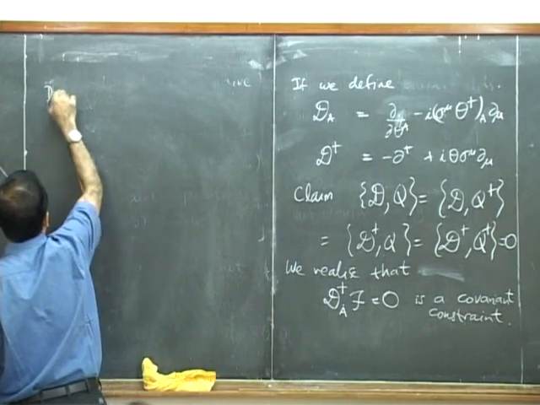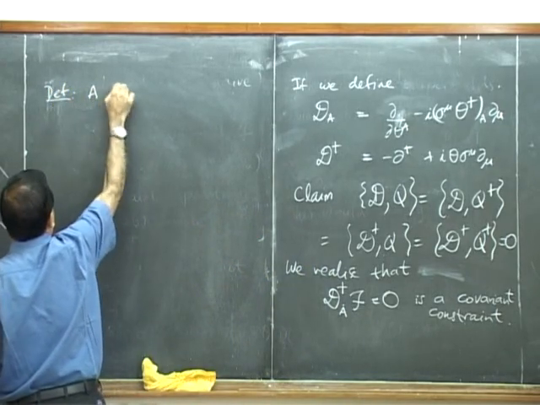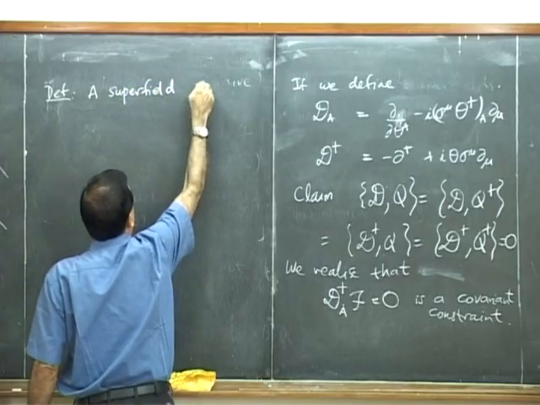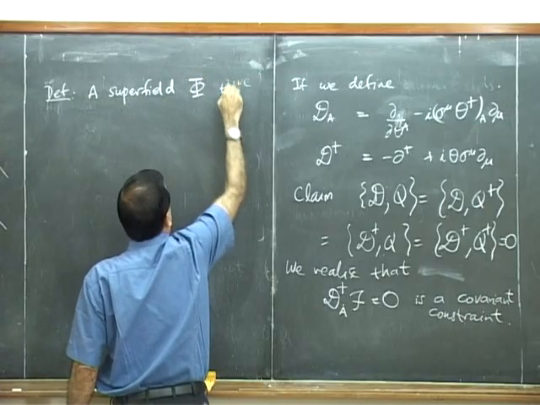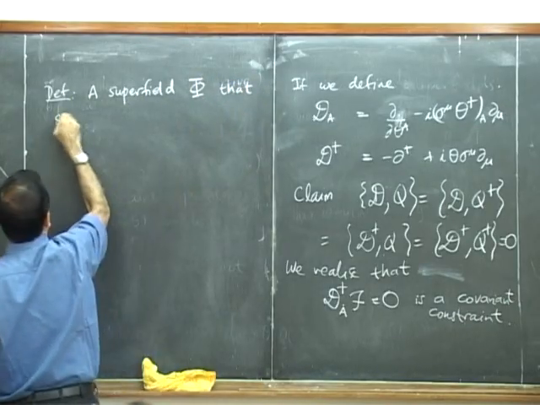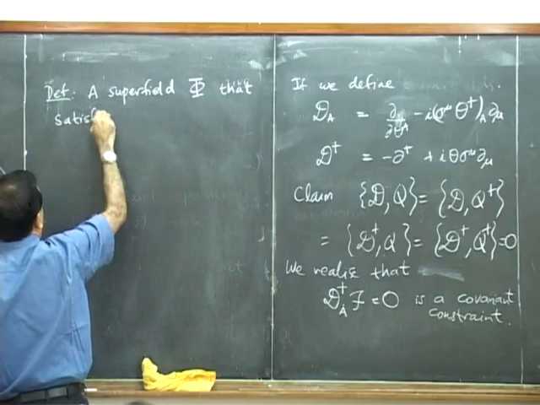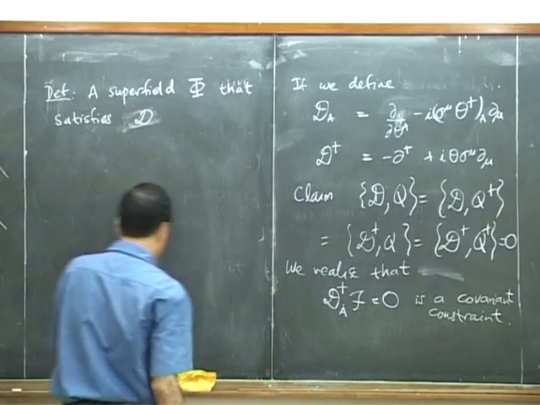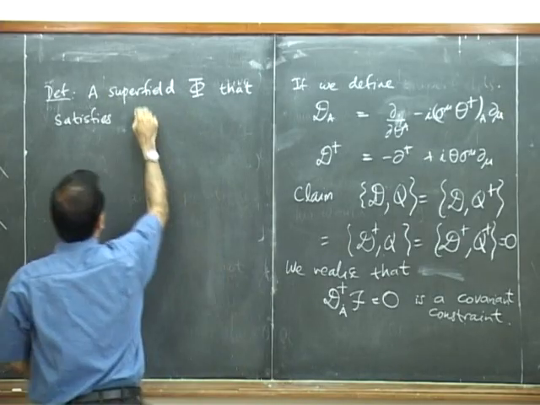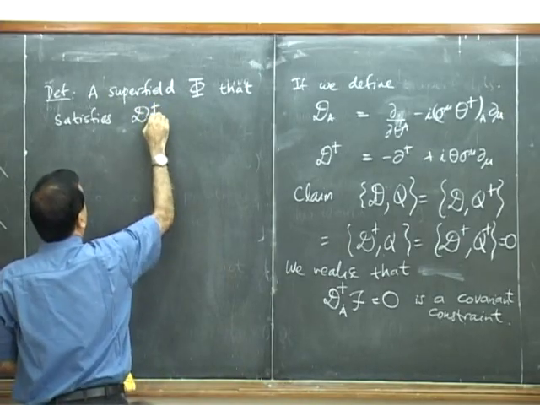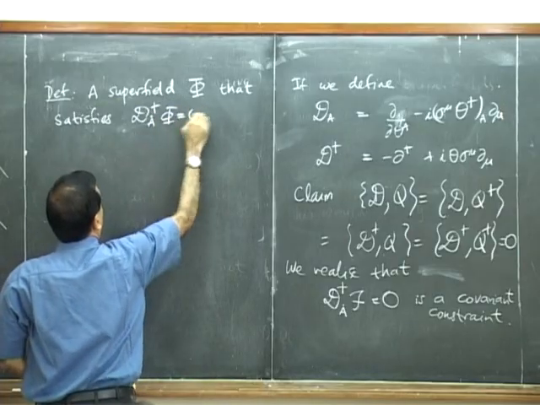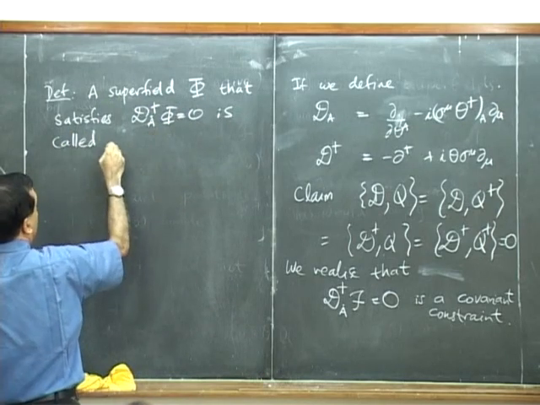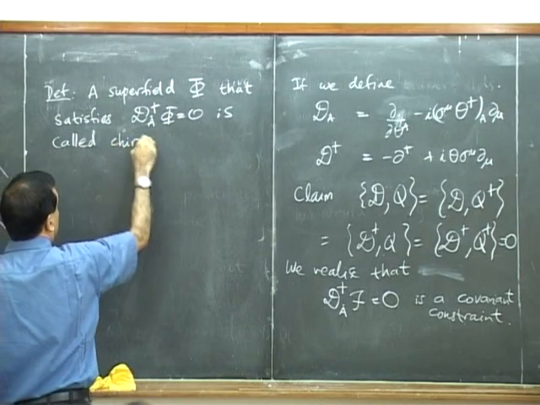So, definition: a superfield, and now I'll introduce a more standard terminology, capital Phi, that satisfies D dagger on Phi equals 0 is called chiral.